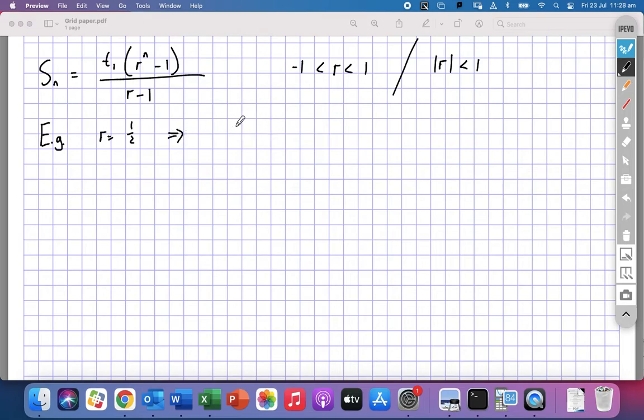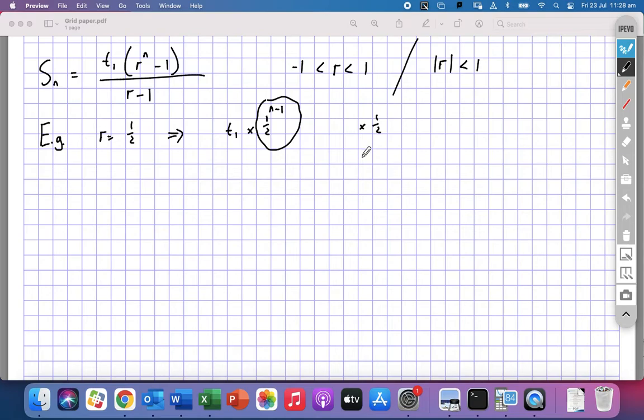So I take my T1 and I times it by a half to the power of n minus 1, right, to get the terms. But this half here, what's happening to it? First you're going to be timesing by a half, right?